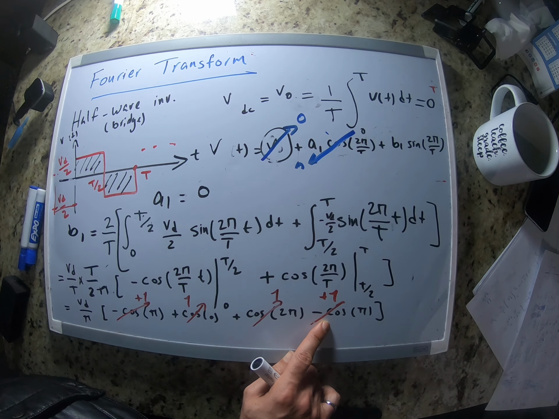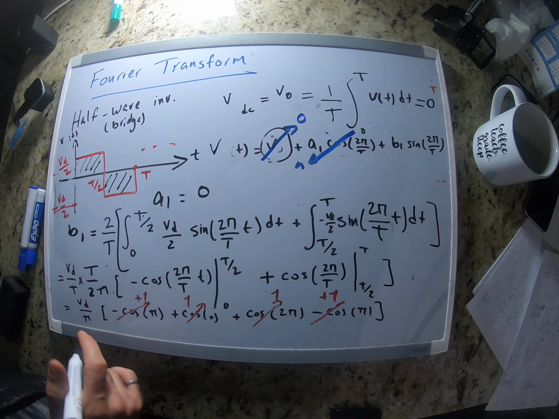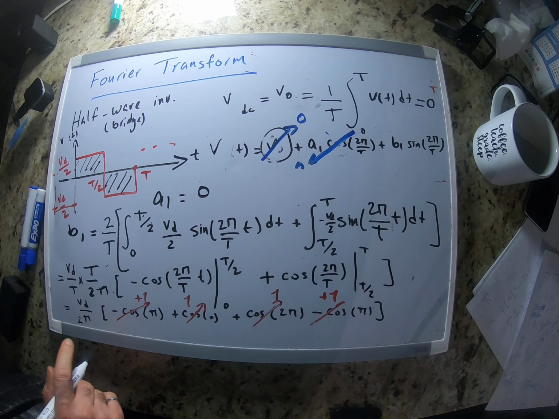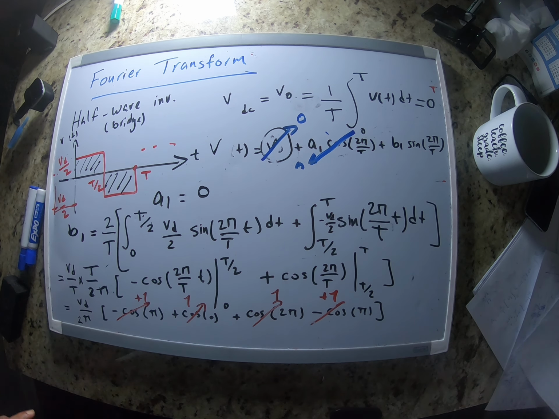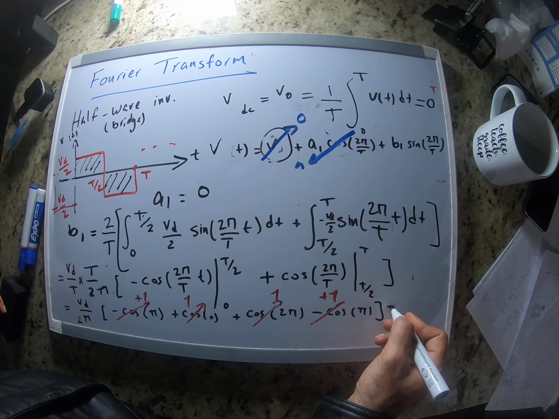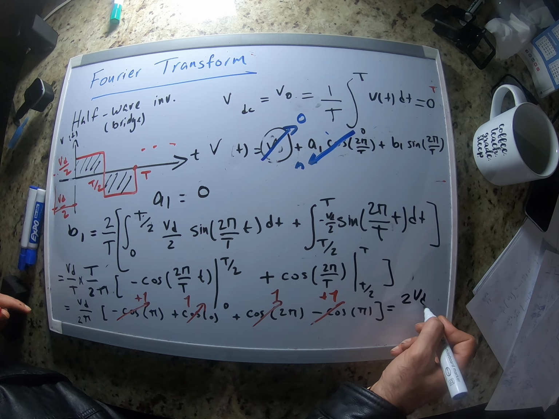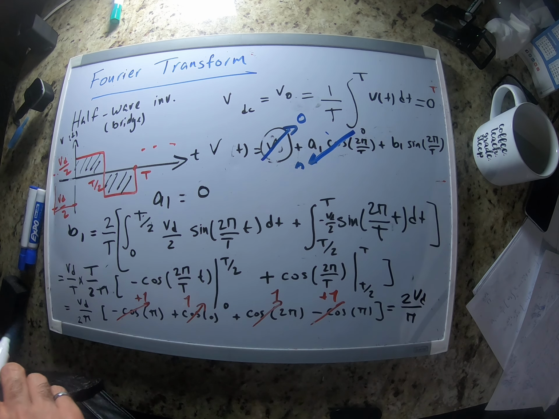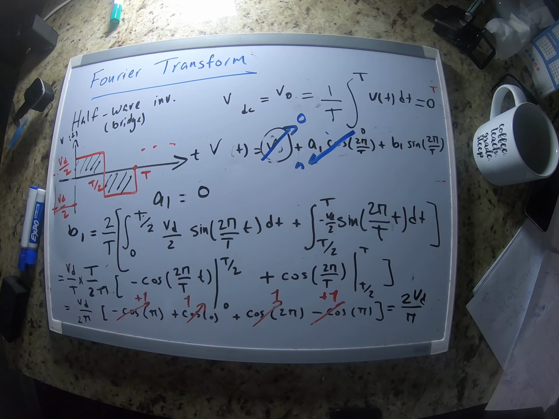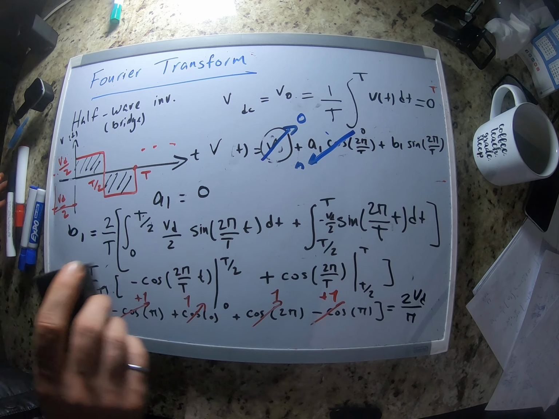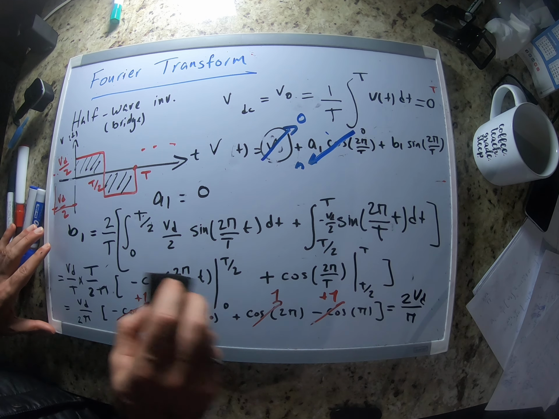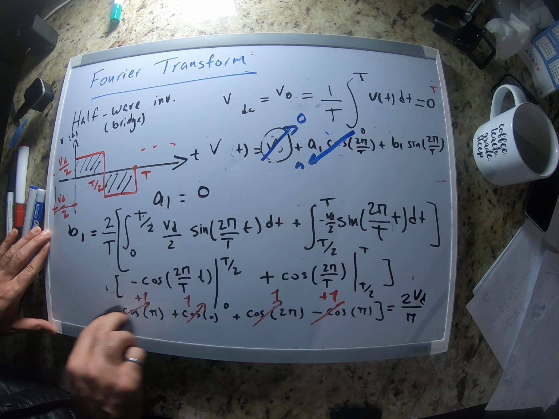That's correct. Actually, this was Vd over 2 pi. That's the mistake I had. Sorry. So then this becomes 2 Vd over pi. Okay, so the whole calculation was to find the coefficient for v1.